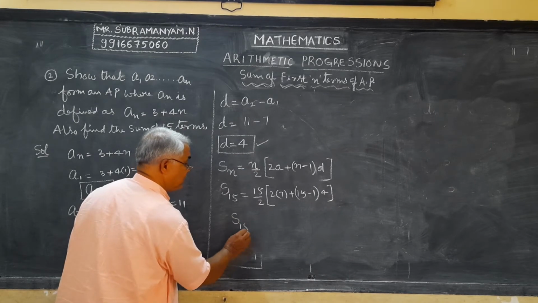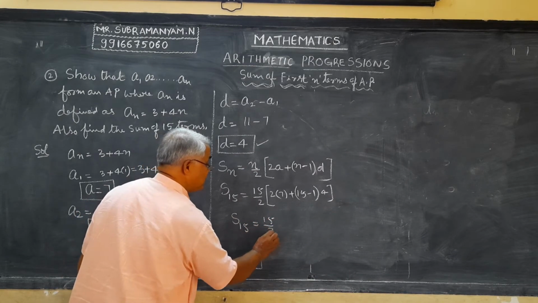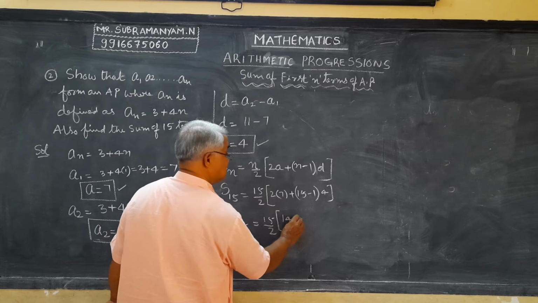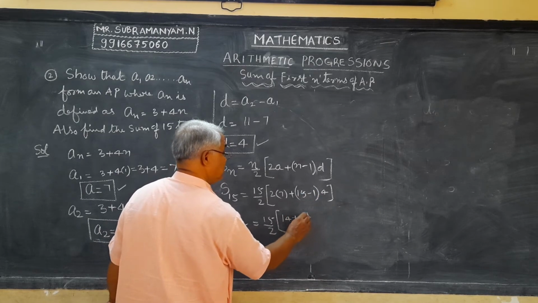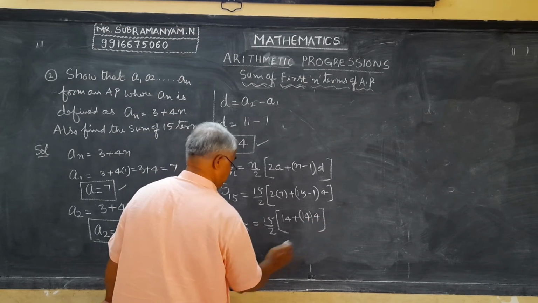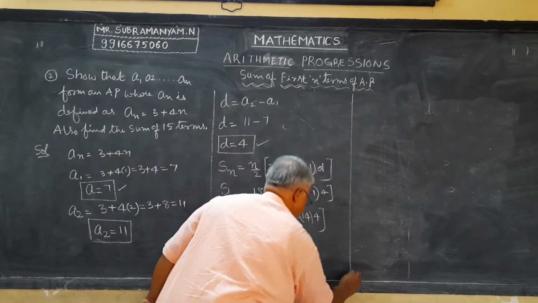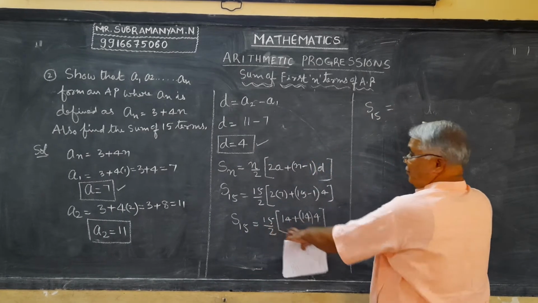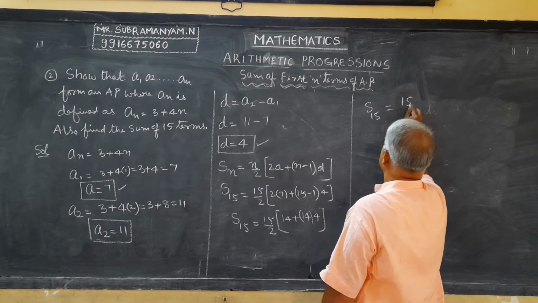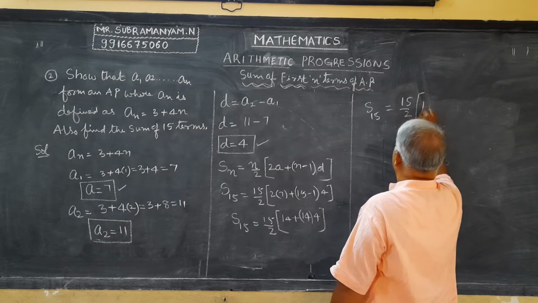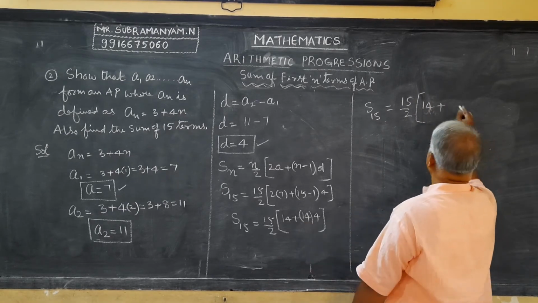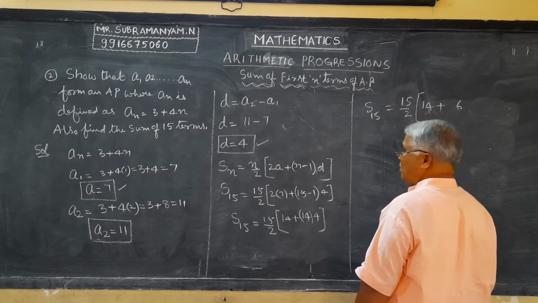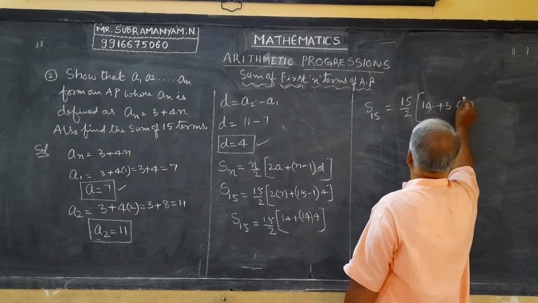So, S15 equal to 15 by 2 into 2 into 7, 14, plus 15 minus 1, 14, into 4. 4 4s are 16, carry number 1. 4 1s are 4 plus 1, 5, 56.